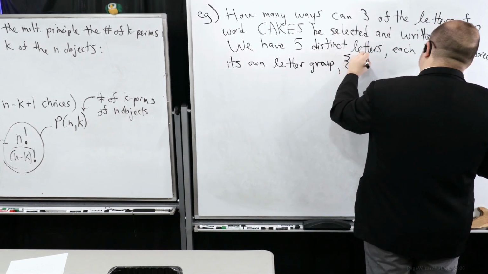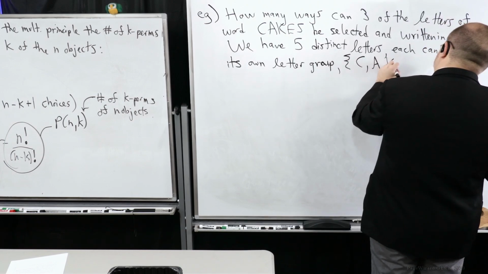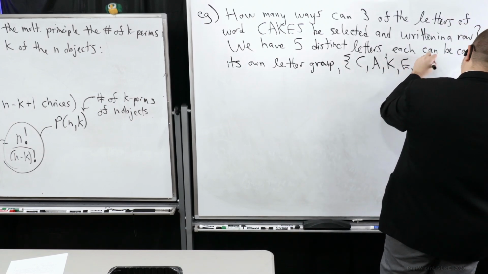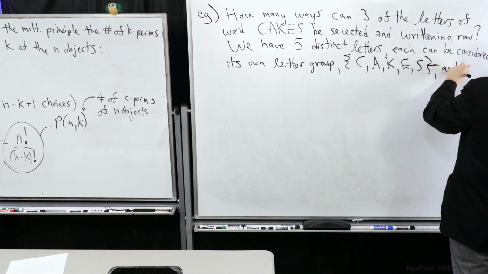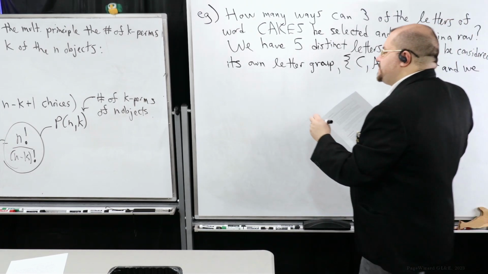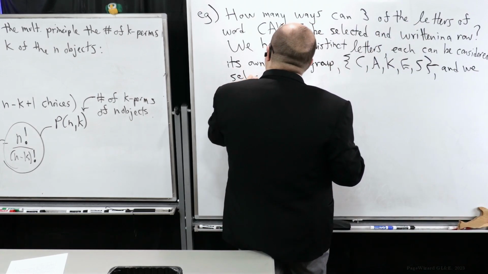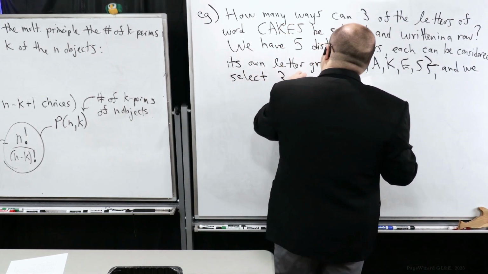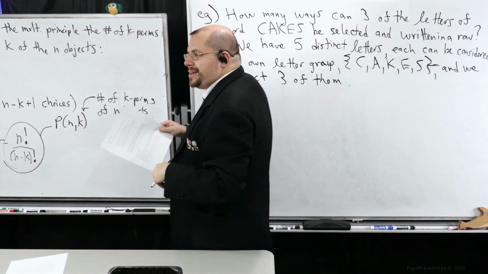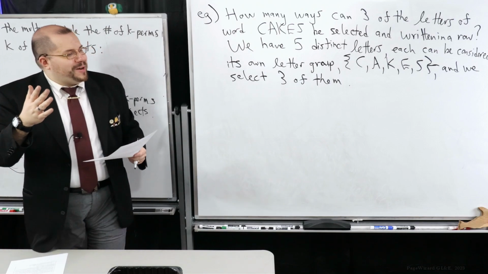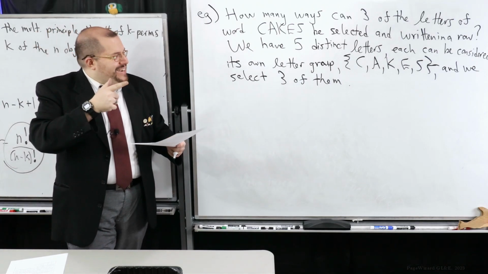So that means that we end up with a set that looks like this. You can imagine it just like we were given a set like this, and we select 3 of them. Well, what is that, everybody?